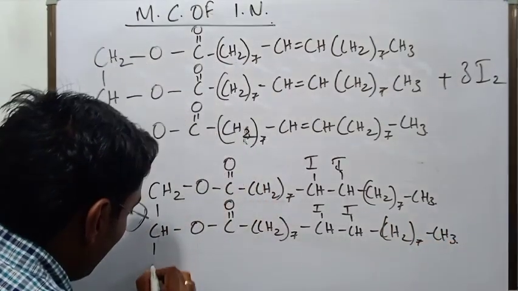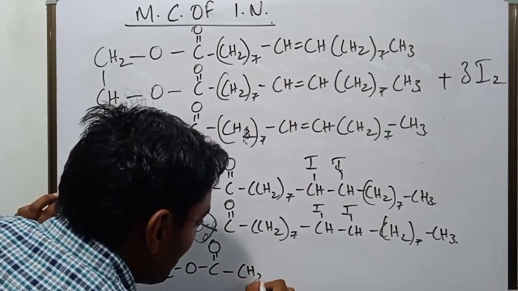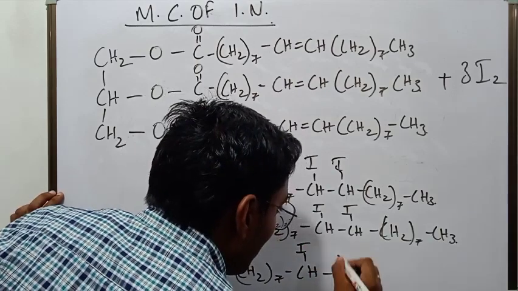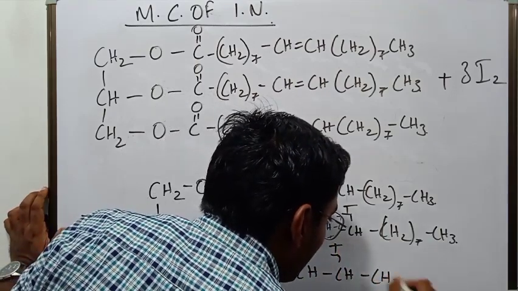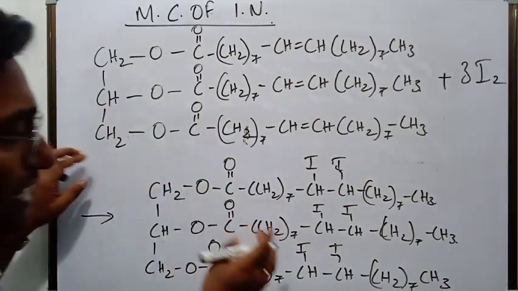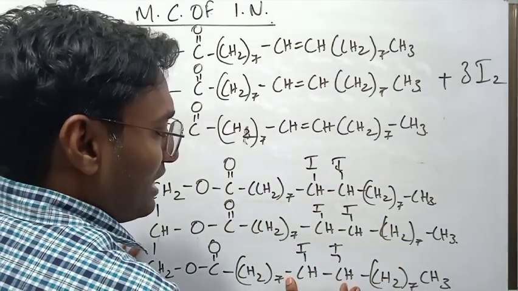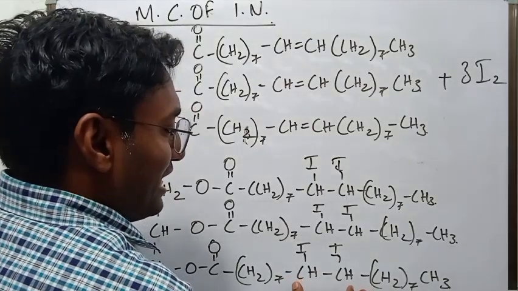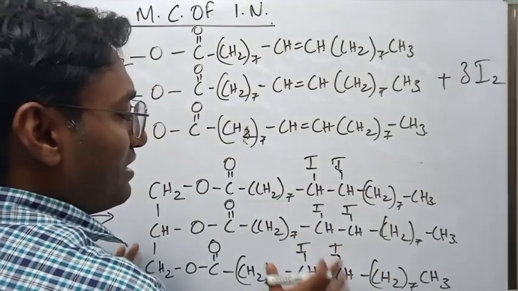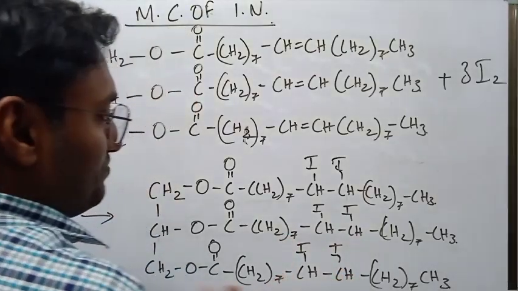And here also I'll do the same. I here, CH3. So I get 6 iodine. I have added 6 iodines in the molecule. Now it's hexaiodo-glyceryl trioleate. So I have added 6 hydrogen and 6 iodine, and therefore there are 3 double bonds in this.